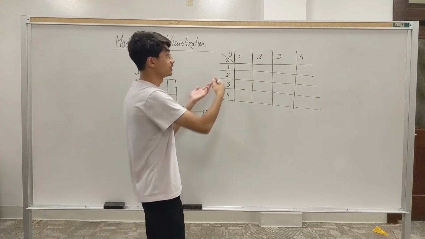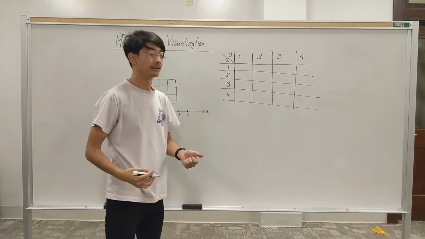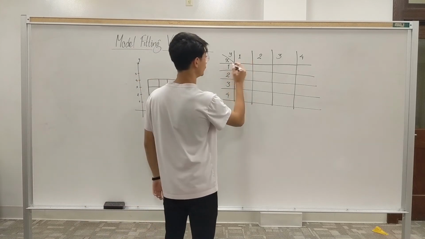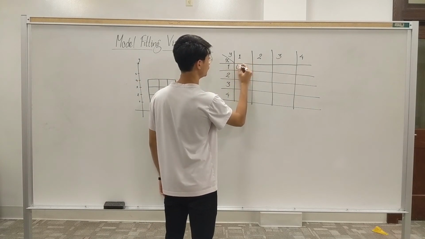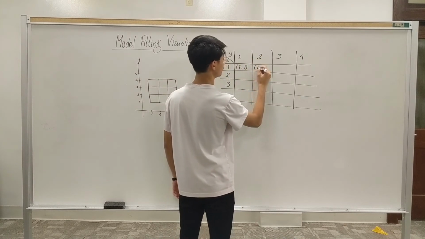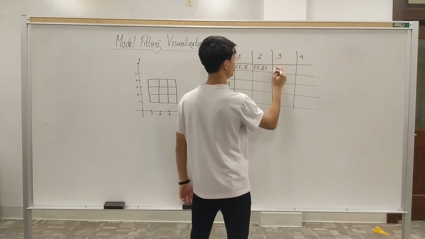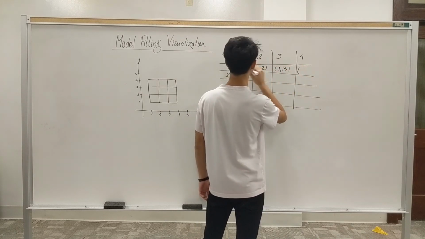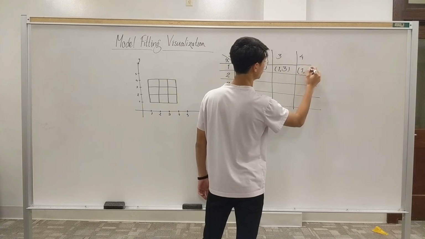Now I'm going to match these two points and make coordinates out of them. So 1 and 1 would be 1 comma 1, 1 and 2 would be 1 comma 2, 1 and 3 would be 1 comma 3, and finally 1 and 4 becomes 1 comma 4.